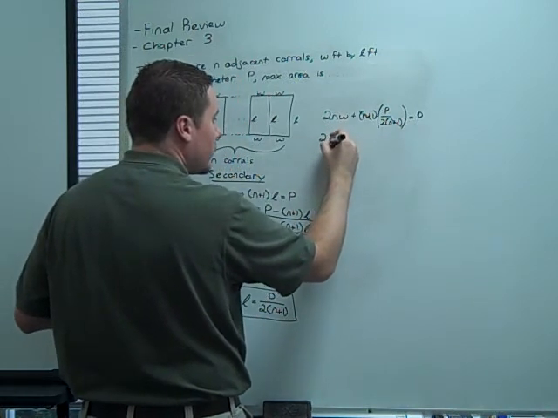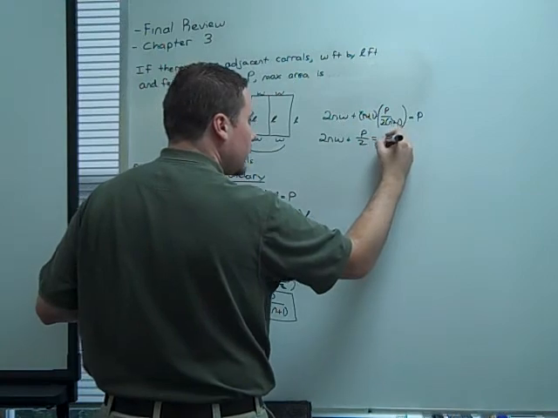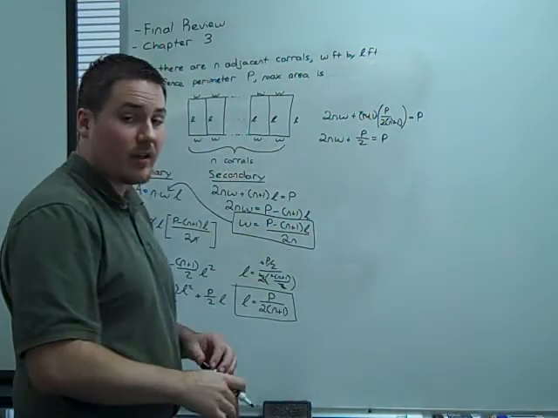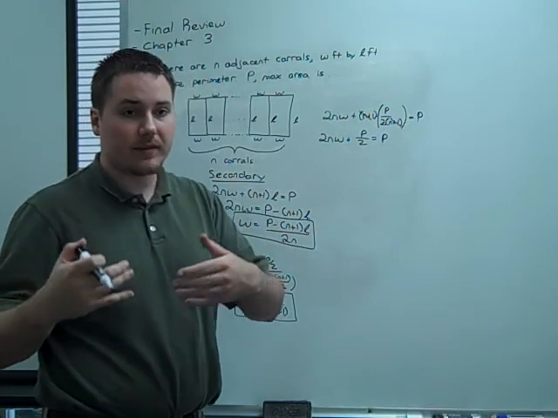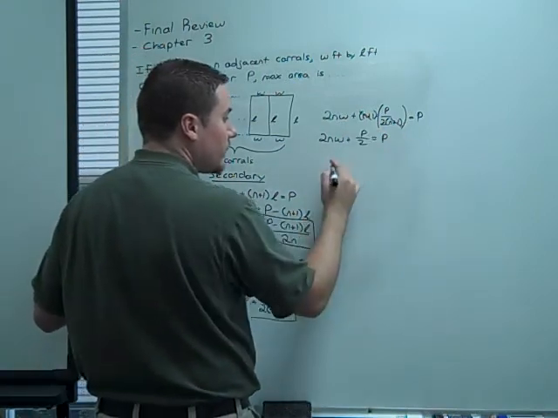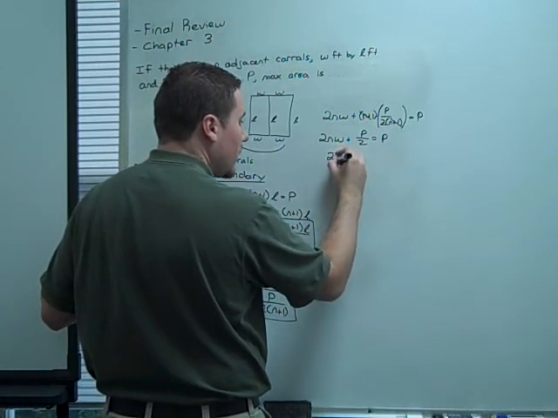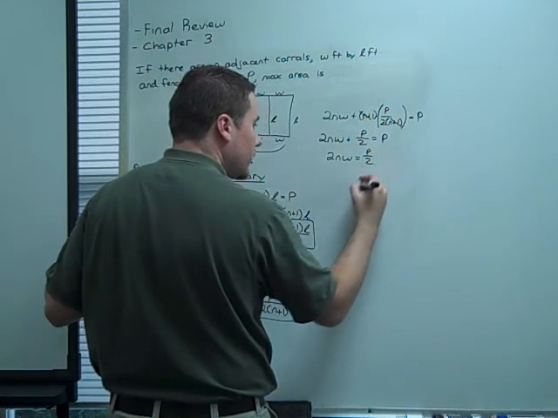So I have 2nW plus P over 2 is equal to P. So I'm going to subtract P over 2 to the other side. Now, something minus half of something is half of that something. So P minus P over 2 is going to give me P over 2. So 2nW is equal to P over 2.